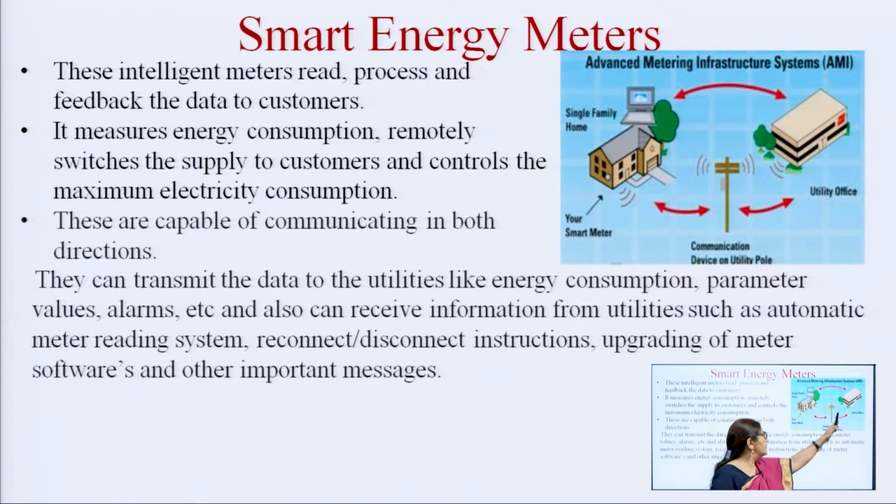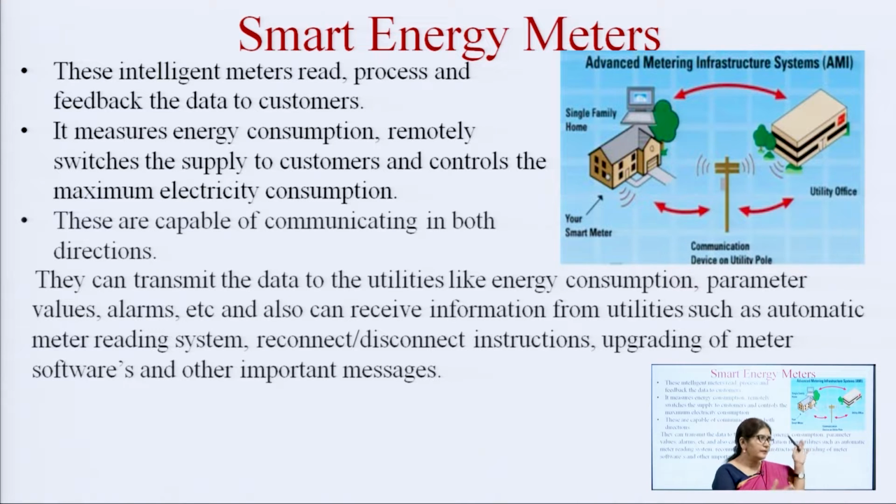The meter can communicate with the utility office, and if the consumer has not deposited the amount demanded by the utility office as per the meter reading, then the electricity can be cut by sitting at the utility office. They do not need to come to the house and cut the supply voltage.